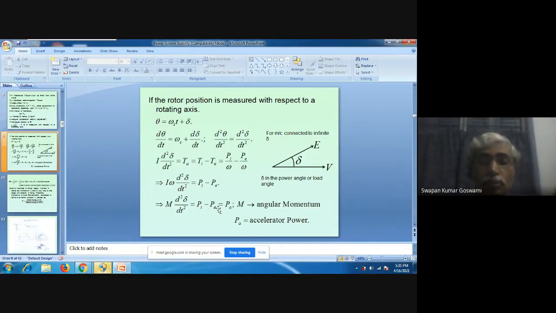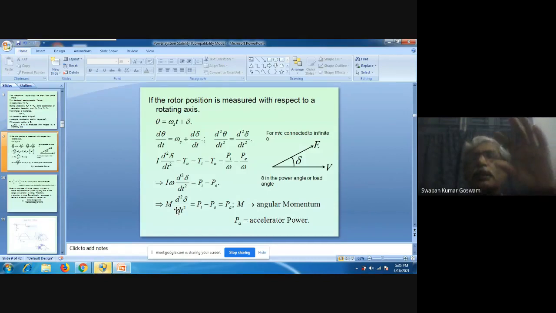You have to solve for delta using different time steps, and many time steps will be required to find the solution of the swing equation. But that is required for actual analysis of the stability problem.